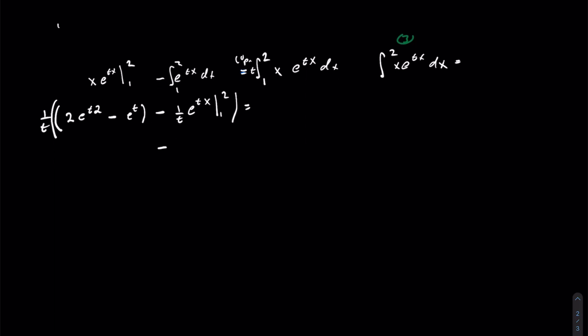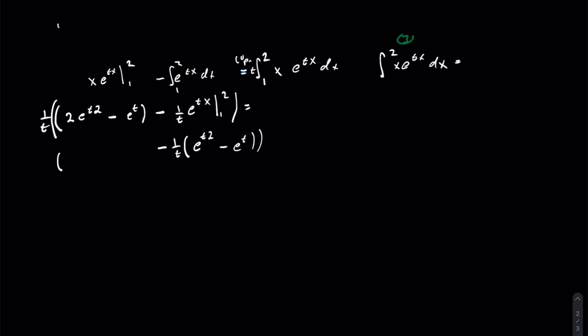Now this is 1 divided by t, e to the 2t minus e to the t, like this, right? And then we have this whole thing multiplied by 1 divided by t.